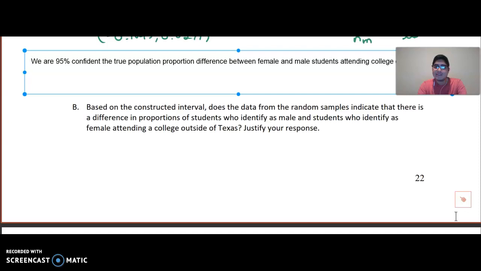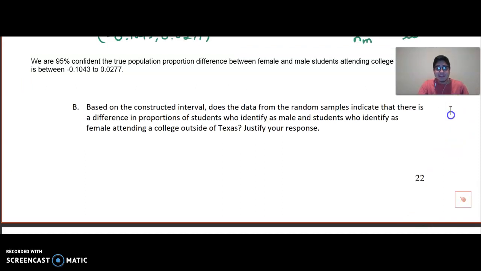Oh my goodness, Texas is between, and then we're just going to re-quote our interval, negative 0.1043 to 0.0277. All right, now some inequality here, right?